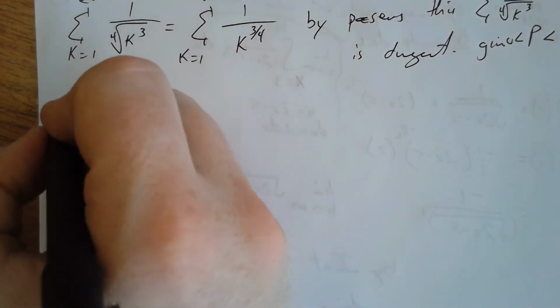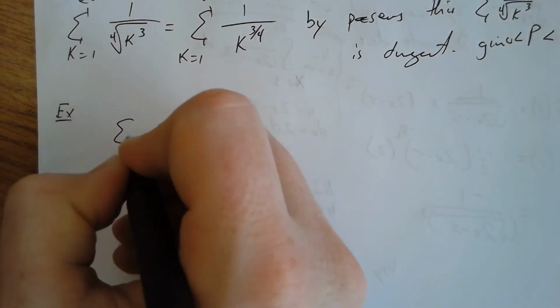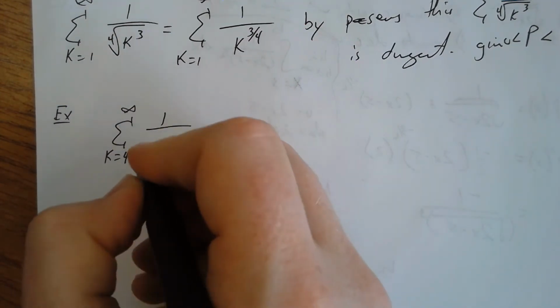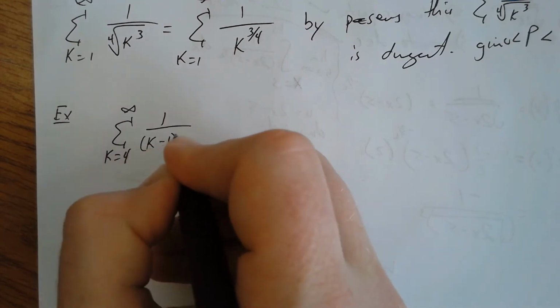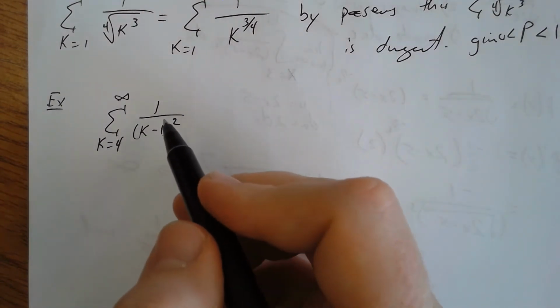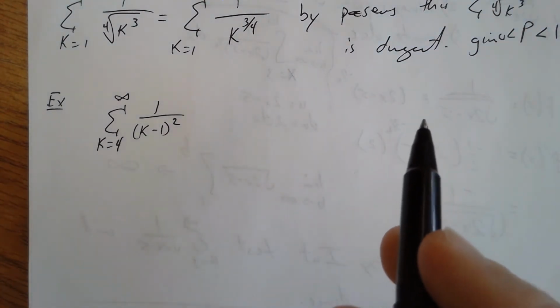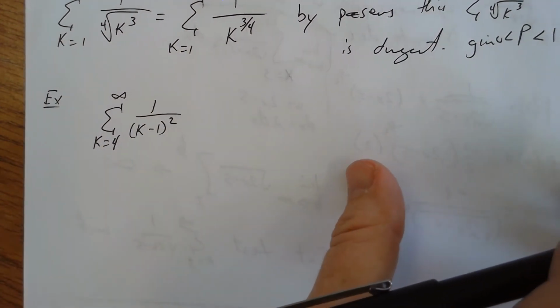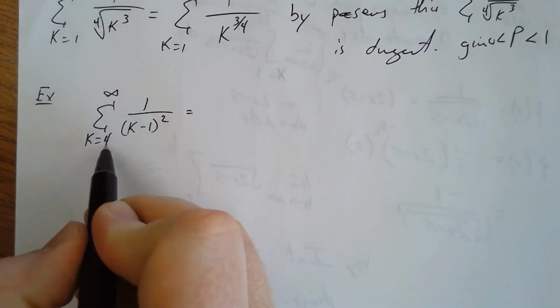Another example we might look at is the summation from k equals 4 to infinity. Now, the importance of this example shouldn't be lost on you, in that what I'm looking at right now is not an exact p-series. It's a manipulation of one. So I'm going to utilize the skills that I've learned about how to manipulate summations, and I'm going to shift this summation.